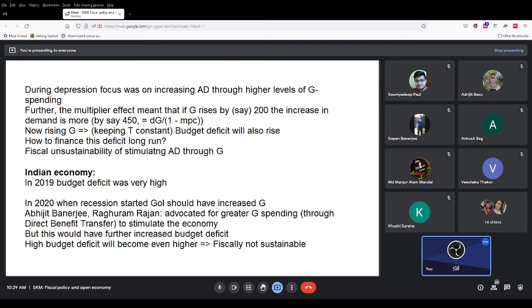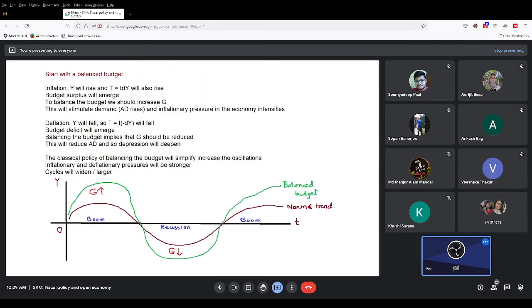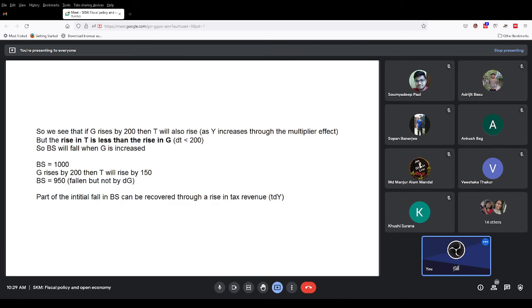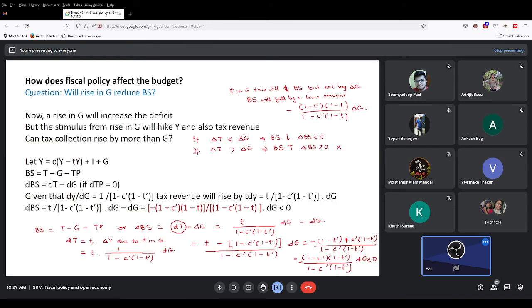But what did I show you just now? Your taxes will rise, but will it be equal to G? No, sir. What did I show over here? Yes, if your G rises by 200, taxes will rise by only 150. So your surplus is going to fall.